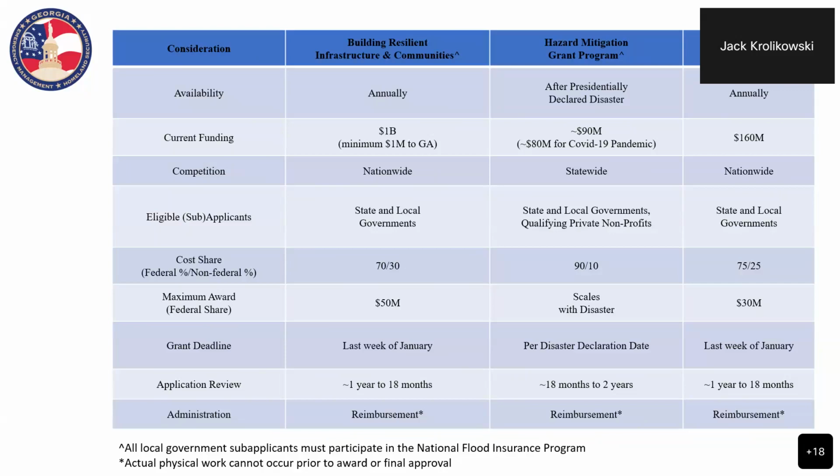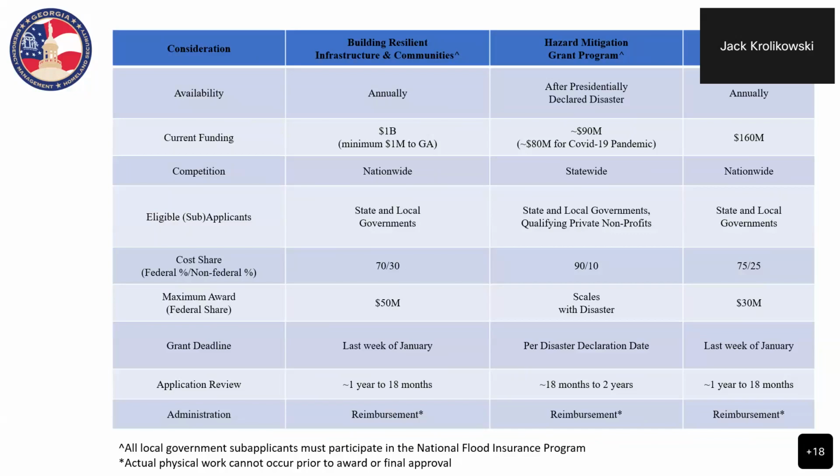But any sub-applicants or any local government must participate in the National Flood Insurance Program. So definitely a shout out to Hayden Blaze, who's been on the line for the better portion of the last couple of days, and his team's work over at the Department of Natural Resources for keeping those communities eligible within the National Flood Insurance Program and enrolling those communities that do not yet participate. So that's that first carrot.